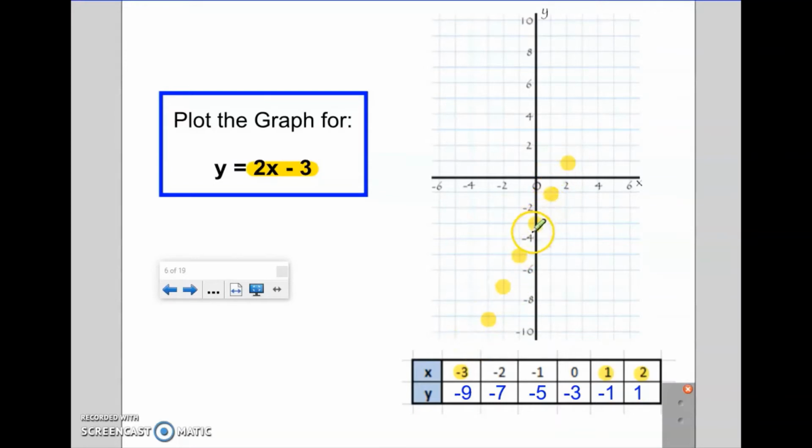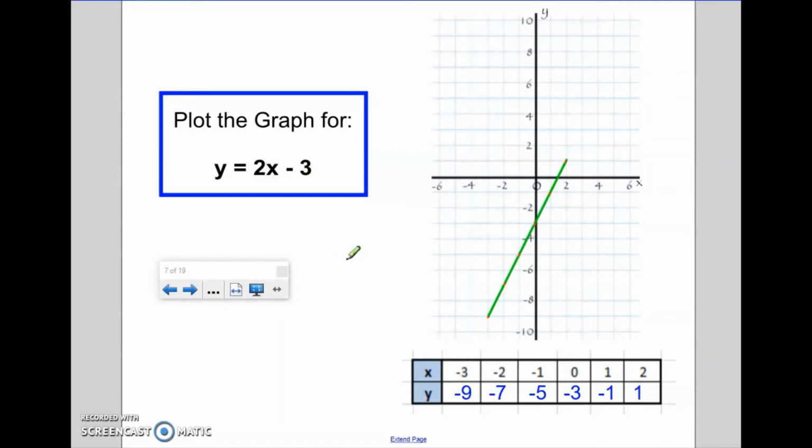If I was to plot all these values and one of them was a little bit over here or a little bit here, or didn't land on the line, that would suggest I'd made a mistake with my substitution. If I take my ruler and join up my coordinates, they should look something like that.